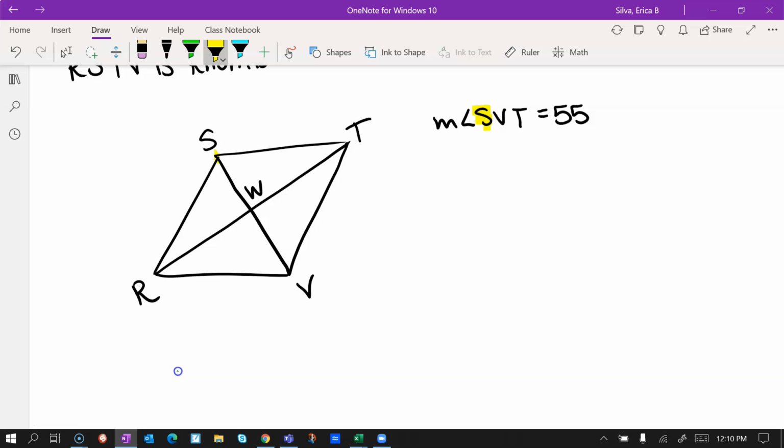So S, V, and T. So we're looking at this measurement is 55. And we want to know what the measurement of RVT is. So RVT. We want to know what this whole thing is. What can we do?